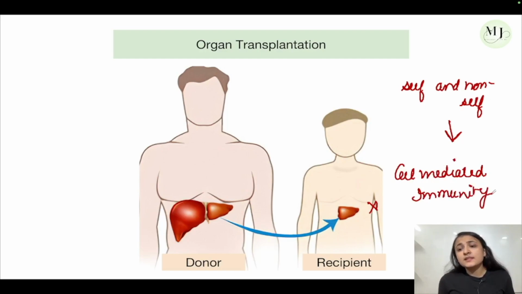Cell-mediated immunity is responsible for the rejection of these organ transplants or the grafts. So only after the donor's blood type and tissue type match the recipient's tissue type and blood type can the doctors perform this organ transplantation procedure. And even after this, the recipient has to take the immunosuppressants all of his or her life.